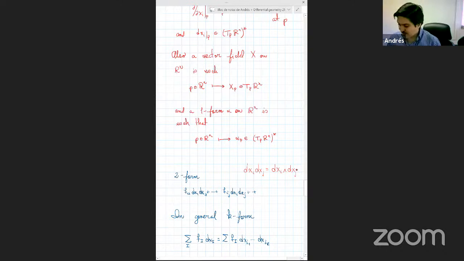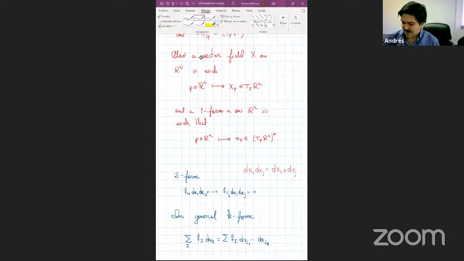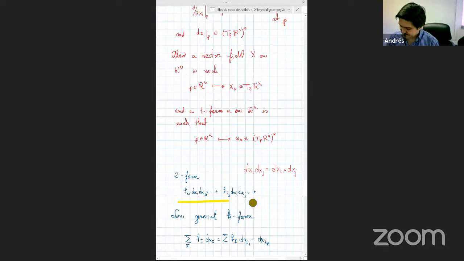Okay, but now here, this wedge product is the wedge product of forms in Euclidean space, which is induced from the wedge product on vector spaces. Okay, so there you have the general formula for a two form on Euclidean space. Or in general, a k form will look like this.